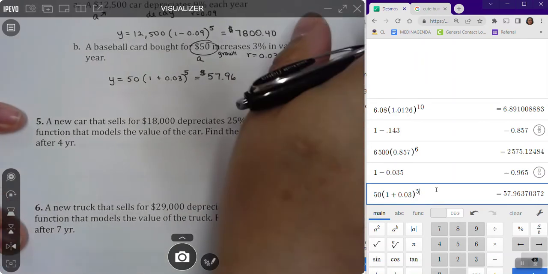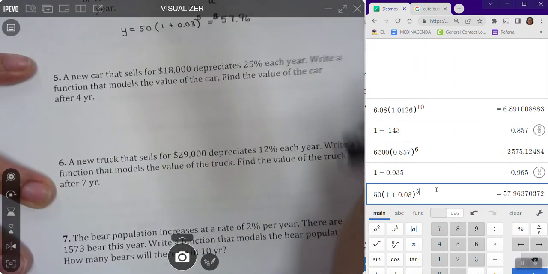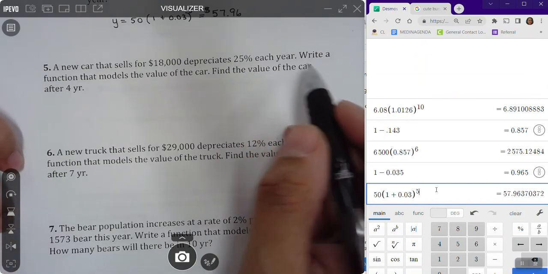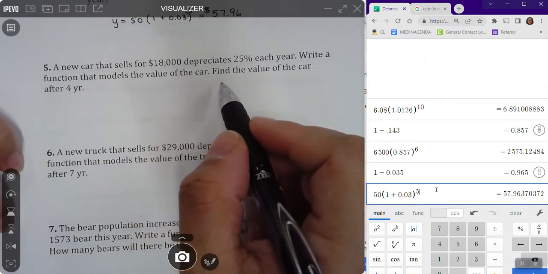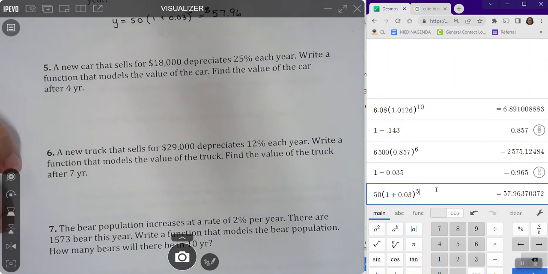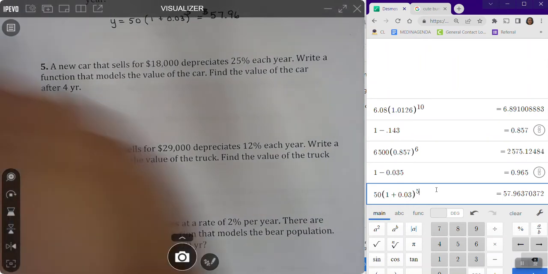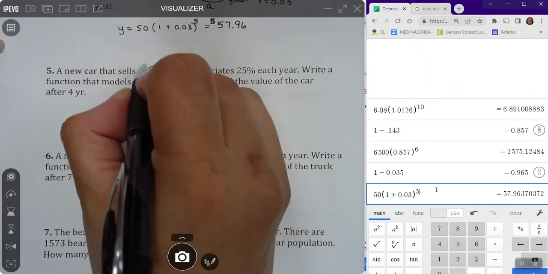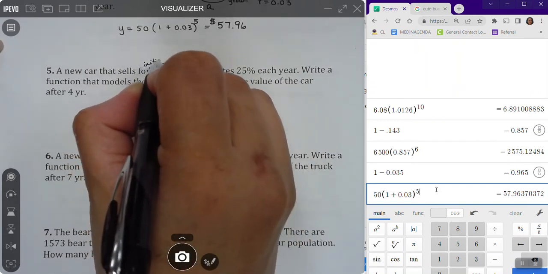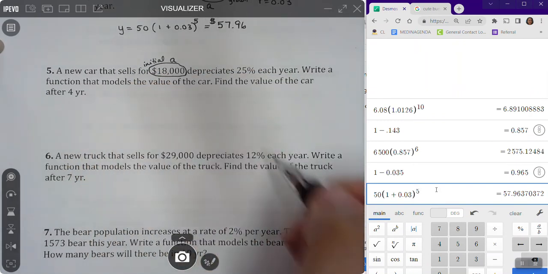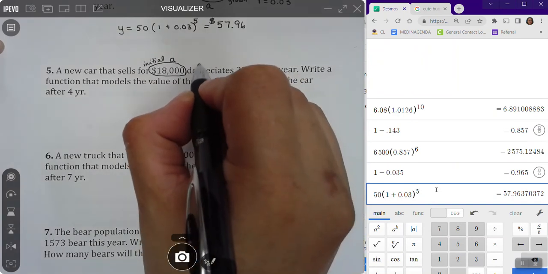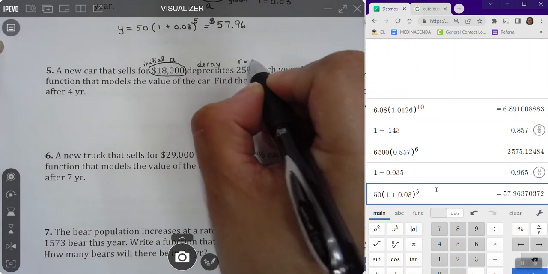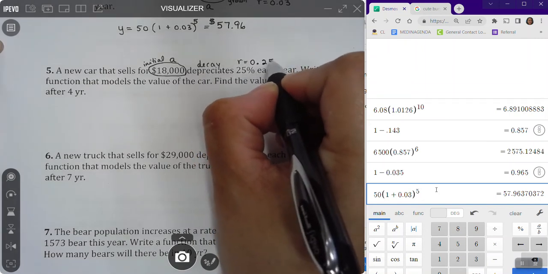A new car that sells for $18,000 depreciates 25% each year. Write a function that models the value of the car and then find the value of the car after 4 years. New car. This is the initial value. All right, so this is A. Depreciates means decay. 25% means R equals 0.25.